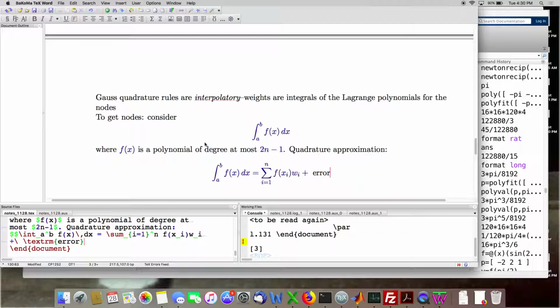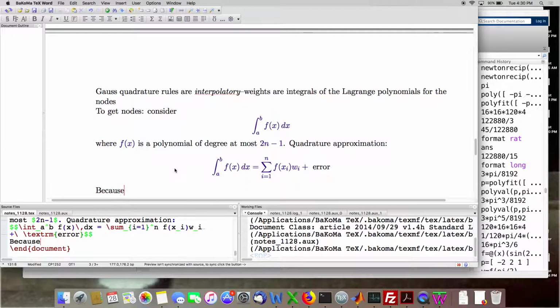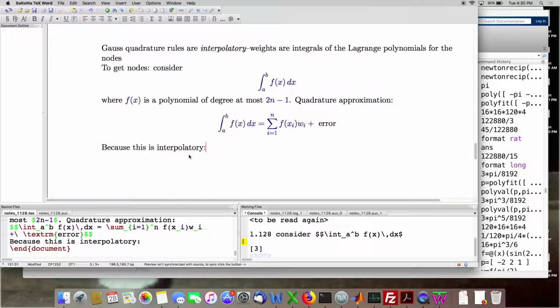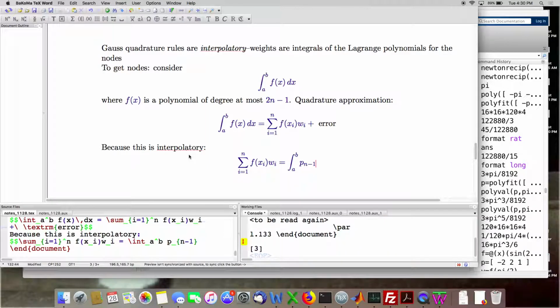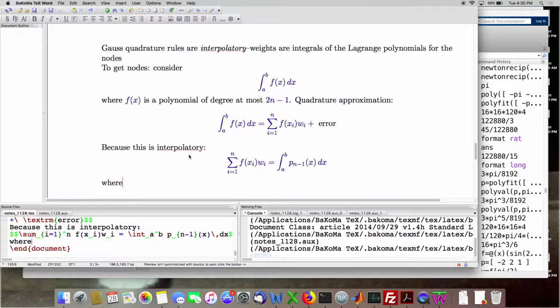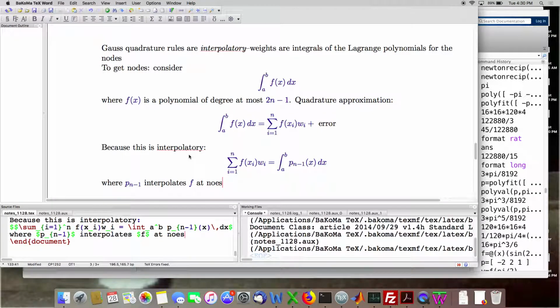But the thing is, because we're assuming that our quadrature rule is interpolatory, what we can say is our quadrature rule is equal to the exact integral of a polynomial of degree n minus 1, where this polynomial, p n minus 1, interpolates f at the nodes.